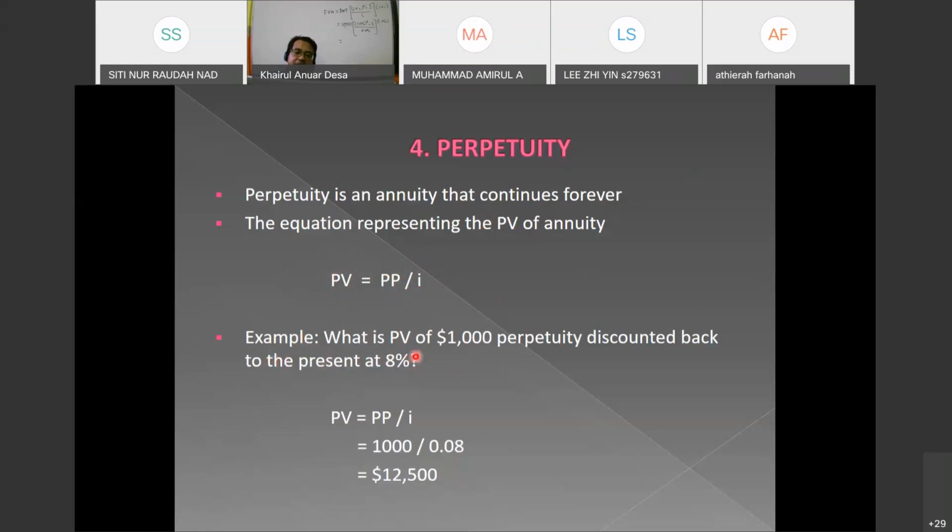So the example here, what is the present value of 1,000 perpetuity discounted back at the present at 8%? So 1,000 over 8%, the answer is 12,500. This is a very simple, straightforward answer. Alright? Ini saja formulanya.